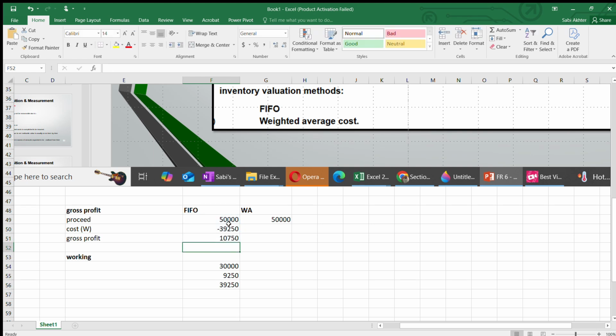Now coming to the weighted average. Okay. How do you get the weighted average? So for weighted average, this is how you get it. The 200 into the price, that is 150. And then the 80. Okay. 80 into 185.